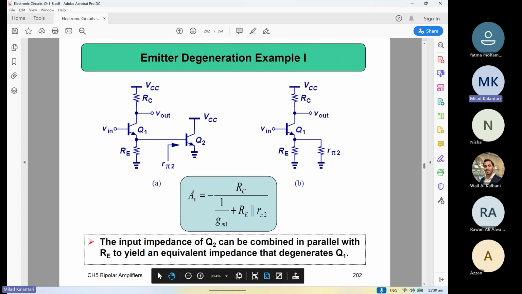So here are some examples. If I give you this example for your exam, how do you solve it? Here is the V out, here is the V in. To find the small signal gain, for example, from V in to V out.